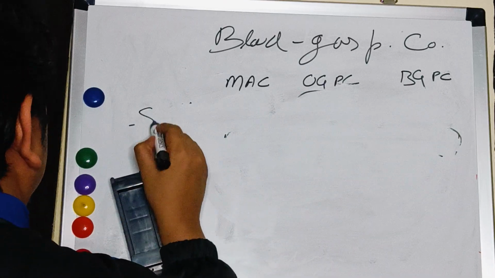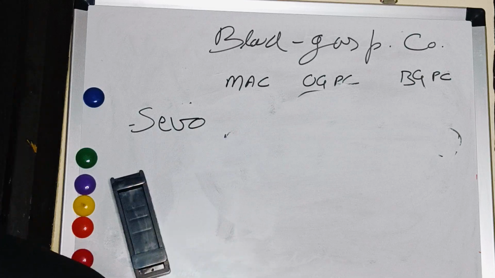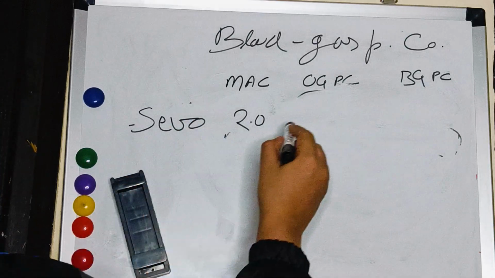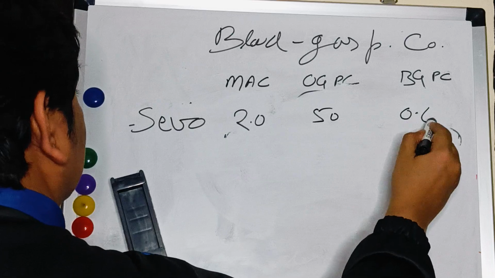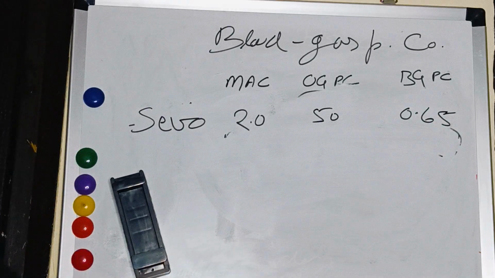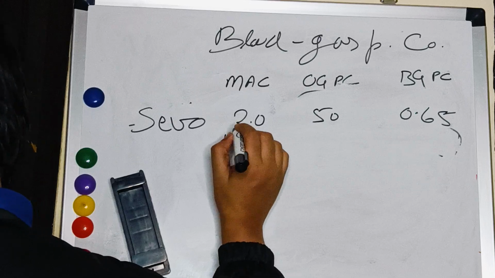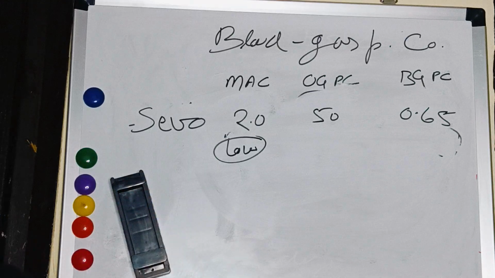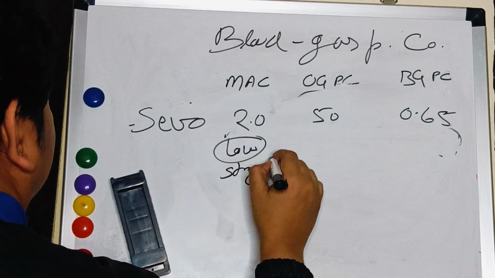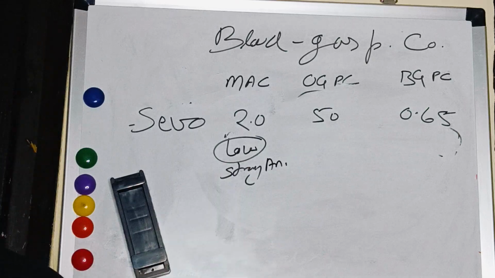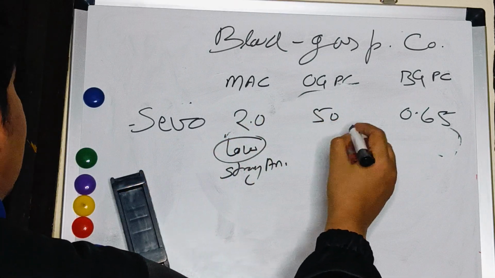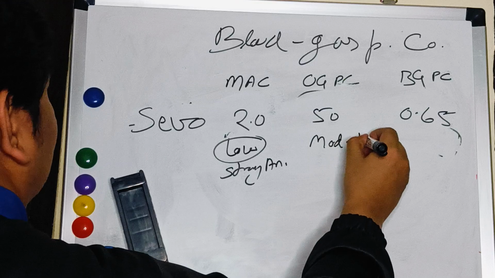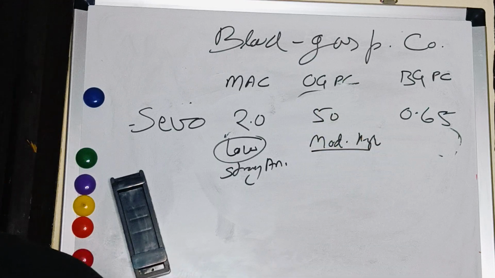Sevoflurane: MAC 2.0, oil gas 50, and blood gas 0.65. It means it has a low MAC value, a very strong anesthetic, more potent, and it has a moderately high value for the oil gas partition coefficient.